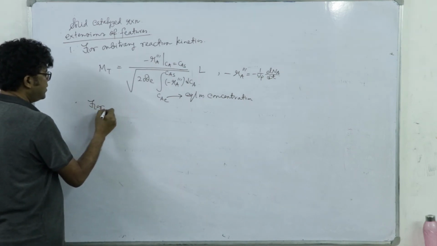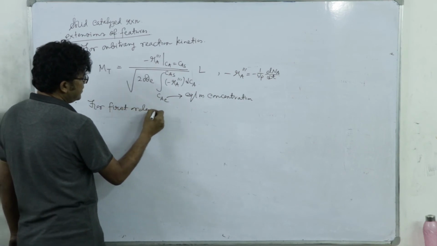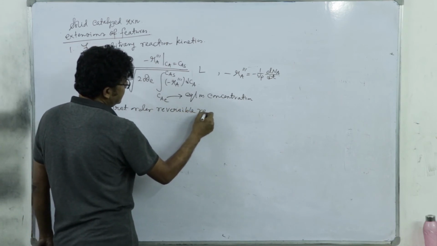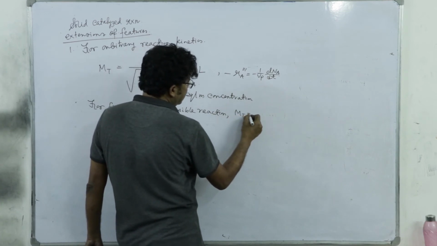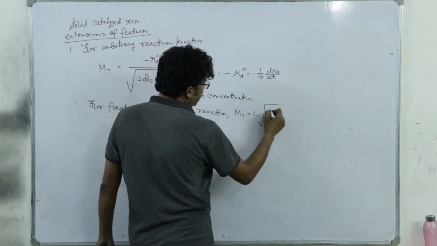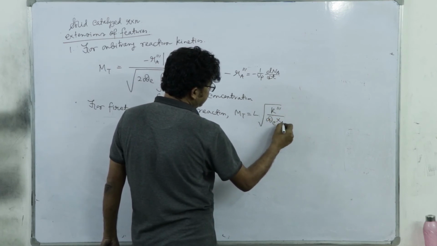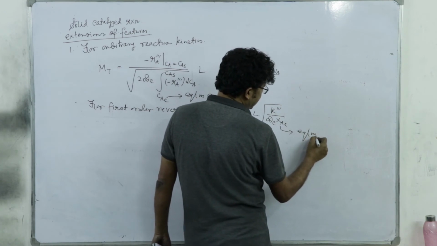For first order reversible reaction, Mt equal to L under root of k triple prime divided by D into Xae, and Xae is the equilibrium conversion.